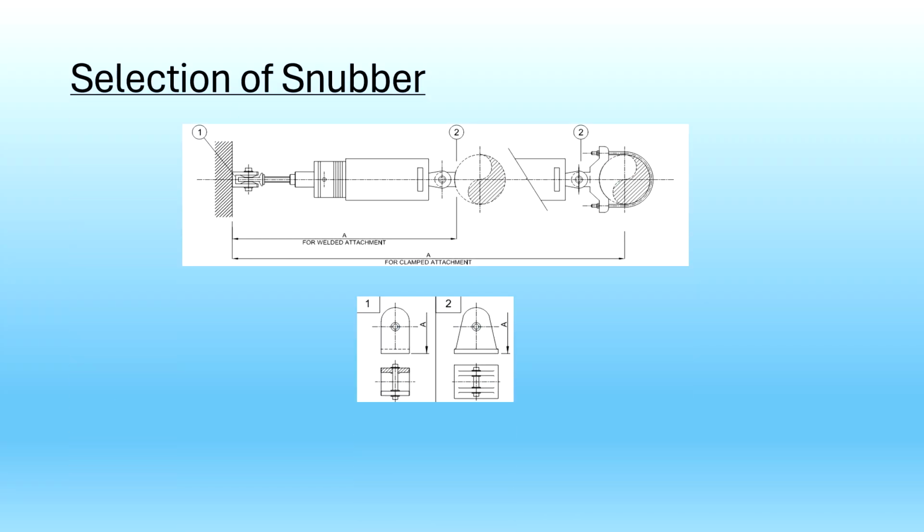Here we can see the space allowed for the installation of the snubbers, the length calculated right from the structure's edge till the pipe's edge, or sometimes the clamp, if used, to the center of the pipe. So here the joint for both sides, like for the pipe which is getting welded to that and the pipe which is getting welded to the structure, both have been shown and indicated here.